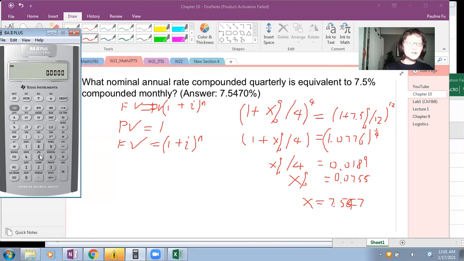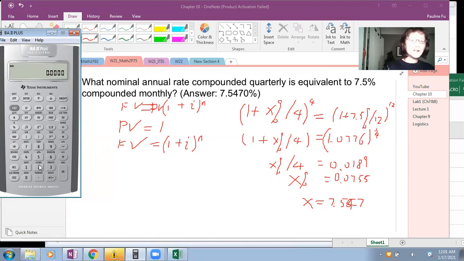Second. Where's my calculator? ICONV, yes, just double check. So I'll redo it. So clear everything, second, clear. So second and quit.